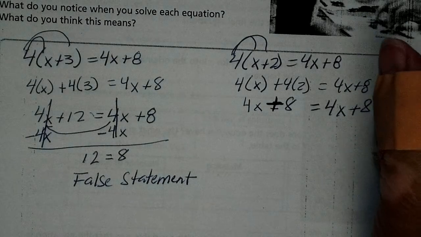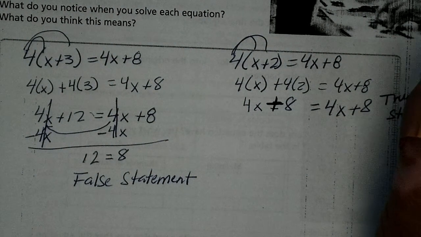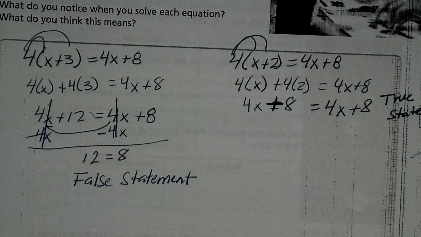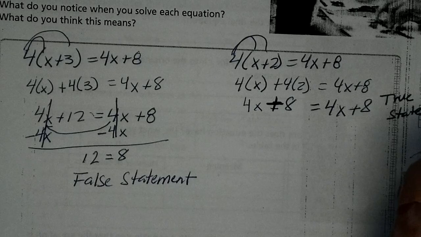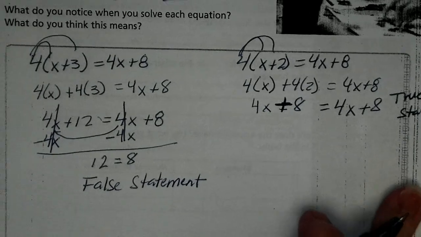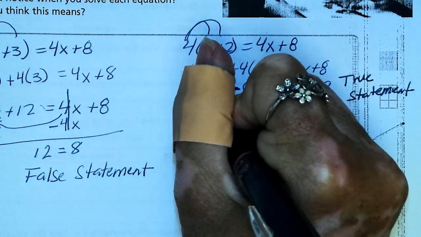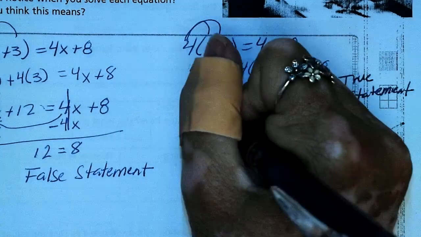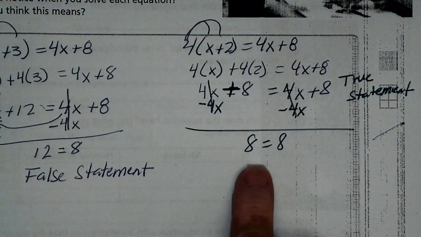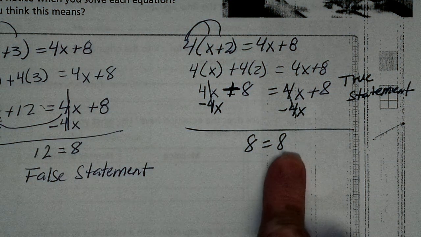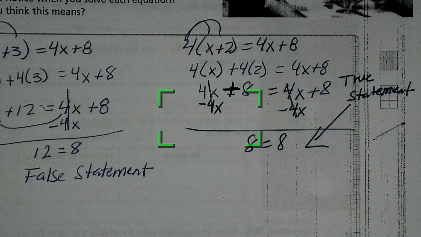So that's going to give me a true statement. So although I can subtract my 4x's, and just like on the other one, they cancel, I end up with 8 equals 8, which is the true statement.